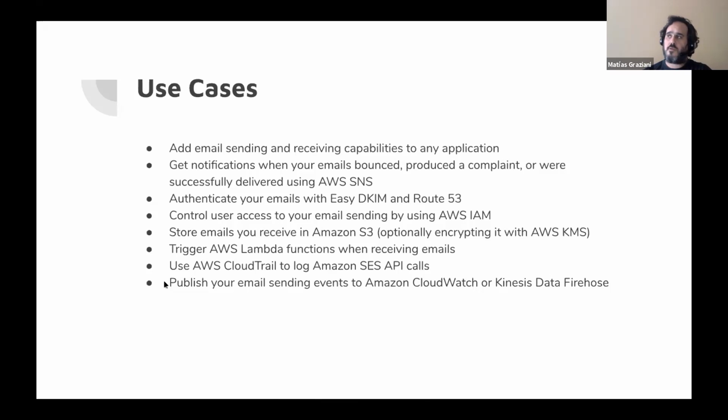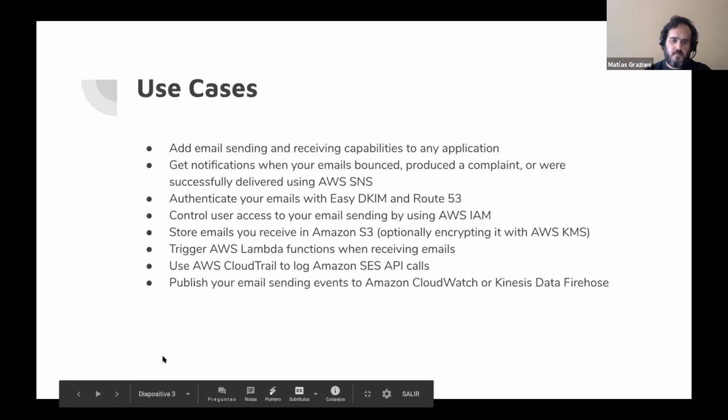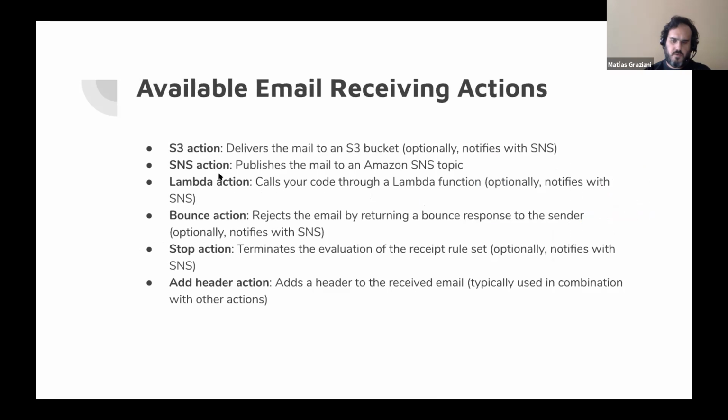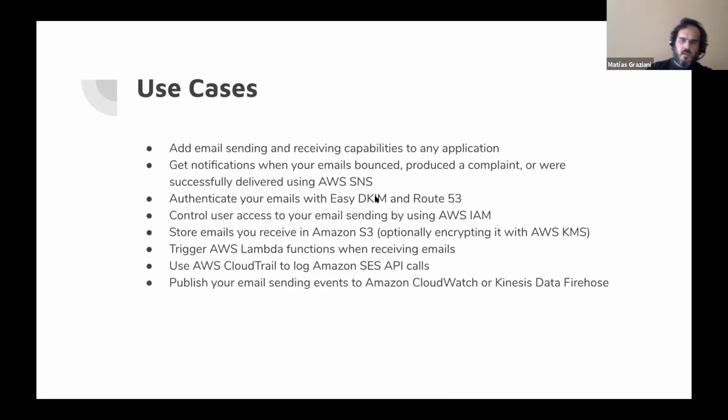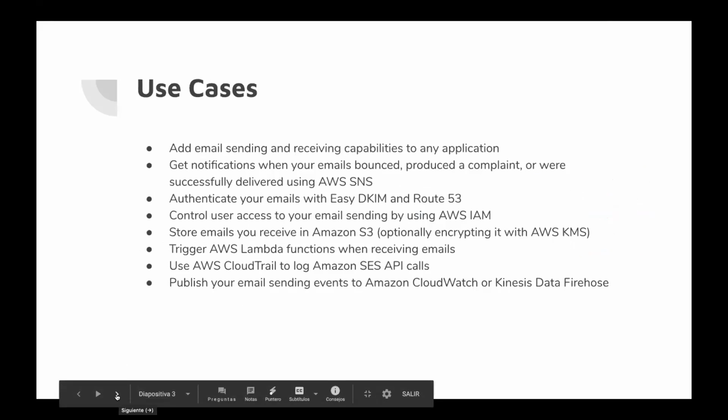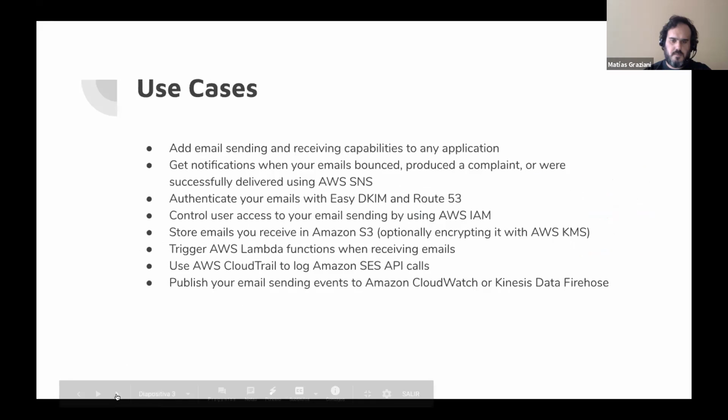And the good part that we are going to show is the great interaction it has between different things. Here you have the integration with SNS, it uses Route 53 and other things. You can go to S3 and things like that. You have lots of possibilities.